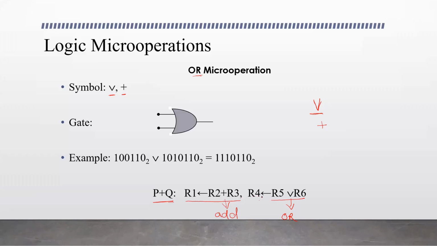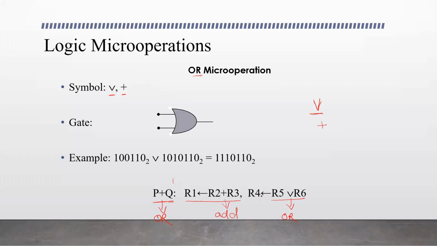These microoperations are controlled by the control function P plus Q. Here this plus represents OR again: perform OR on the Boolean variables, or control variables, P and Q. Depending on the result you get after this OR operation, if it is 1, perform this microoperation. If it is 0, these operations will not be done.